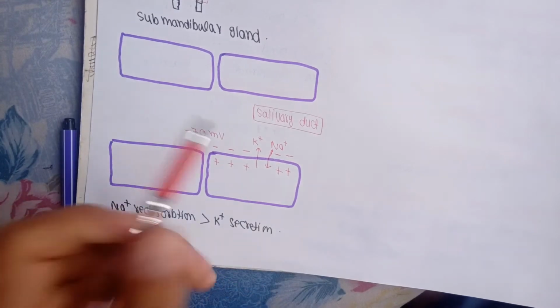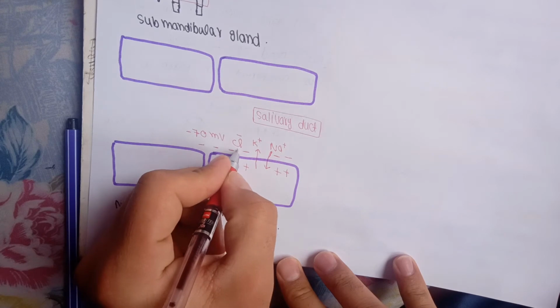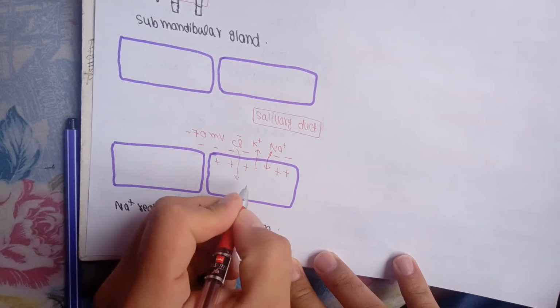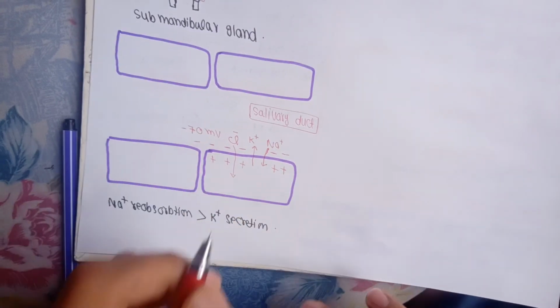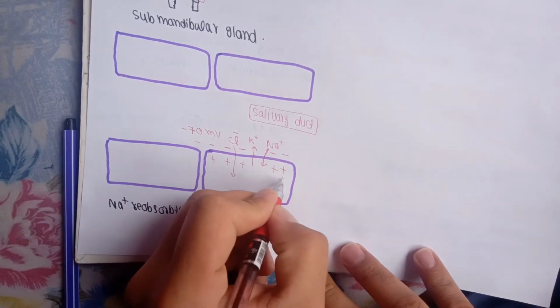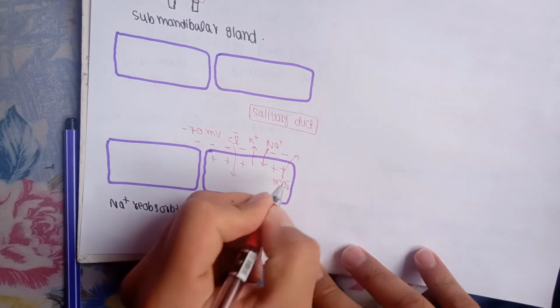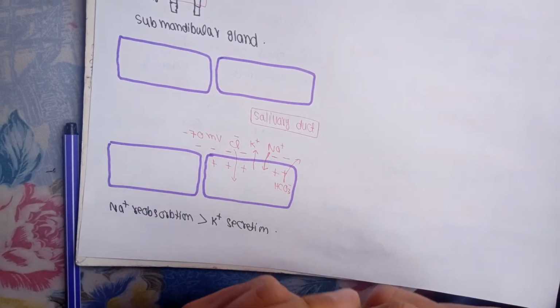As chloride ions are negative ions, they are attracted by the inner positive charges. Another thing, here there is a secretion of bicarbonate ion. Bicarbonate ion is also secreted.